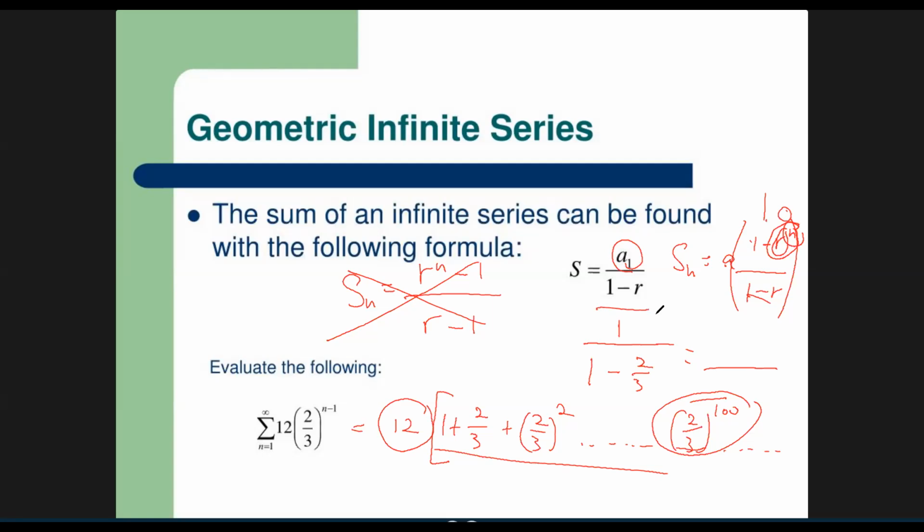So whenever you have a geometric series that is getting smaller and smaller, and they tell you to sum it to infinity, this is the formula: S equals A over 1 minus R, with A subscript 1 being the first term.